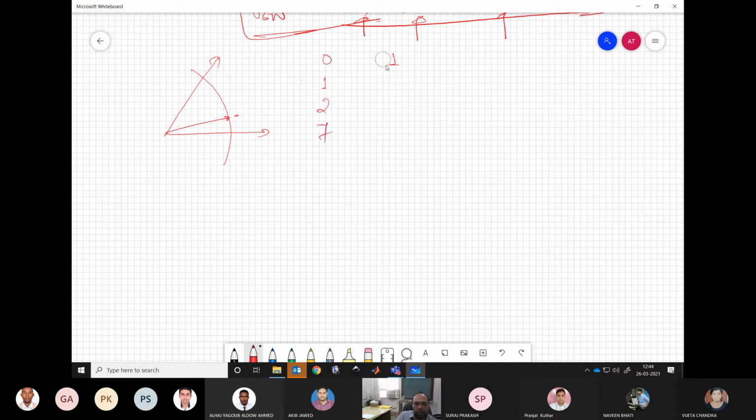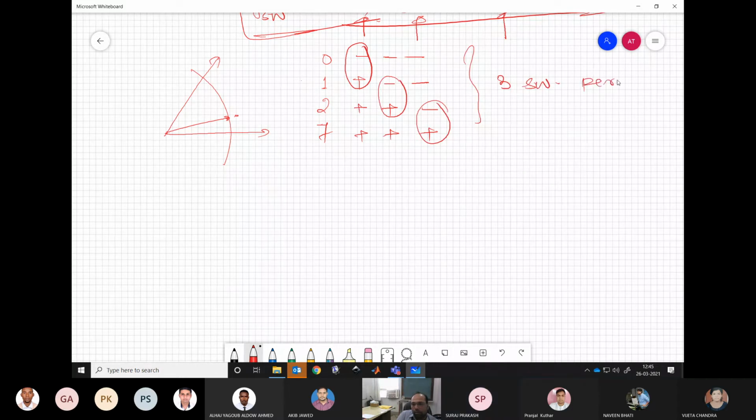So for every sample, we are having these states applied. So how many switchings are happening per sample? Getting my point?